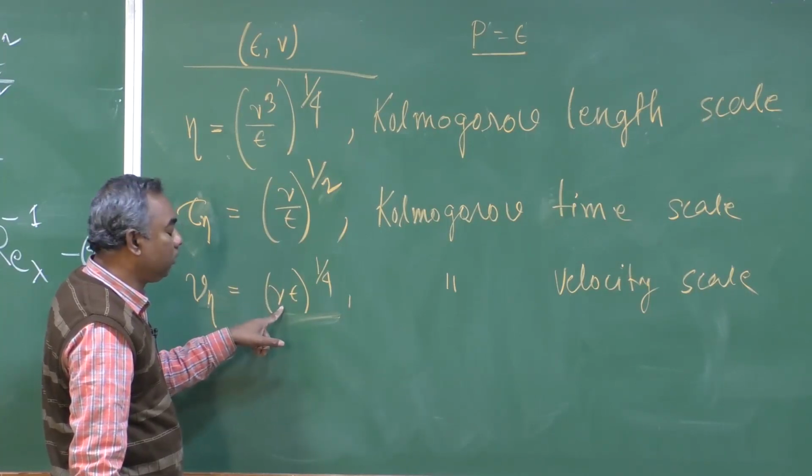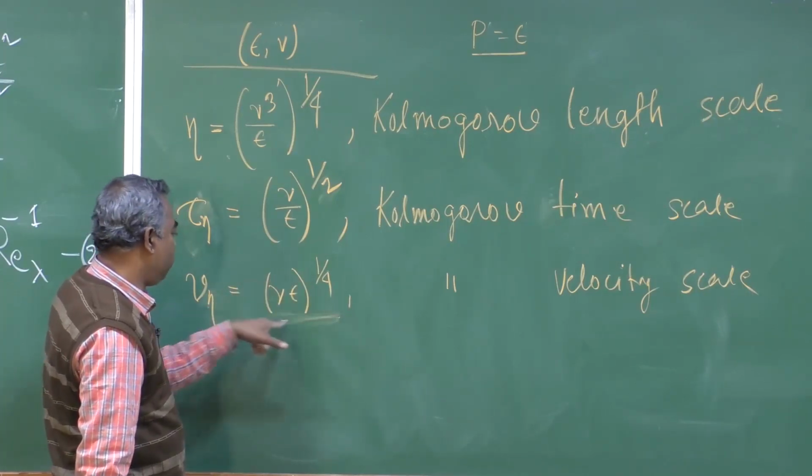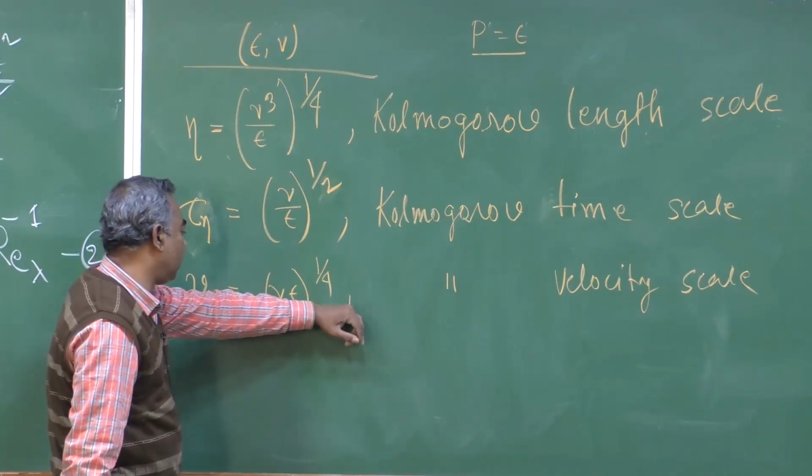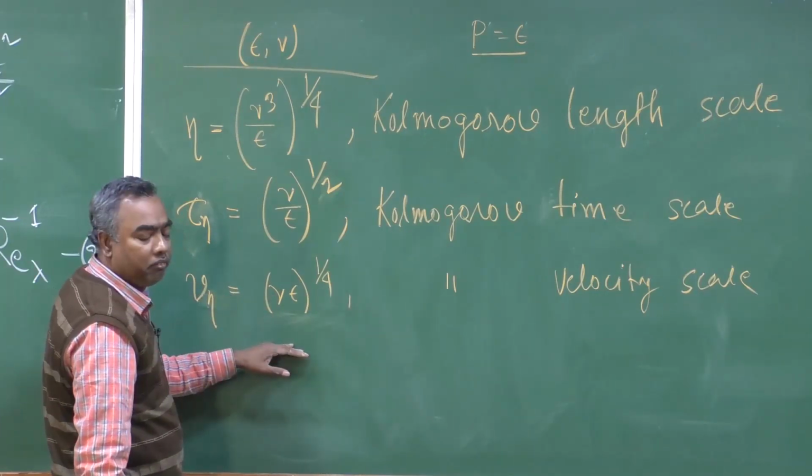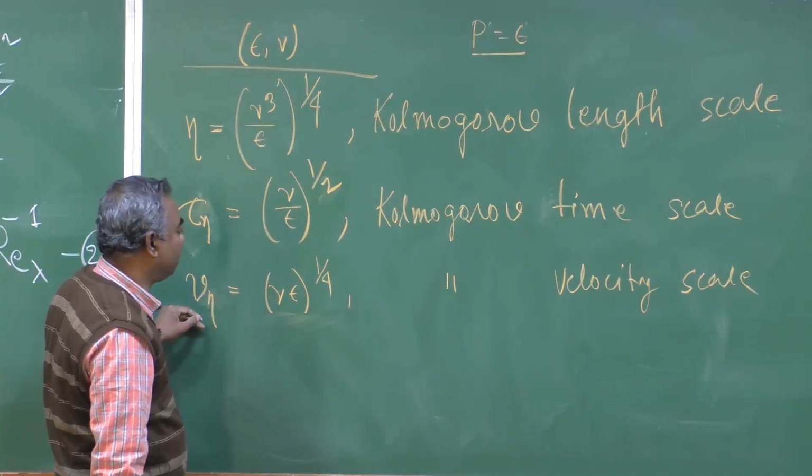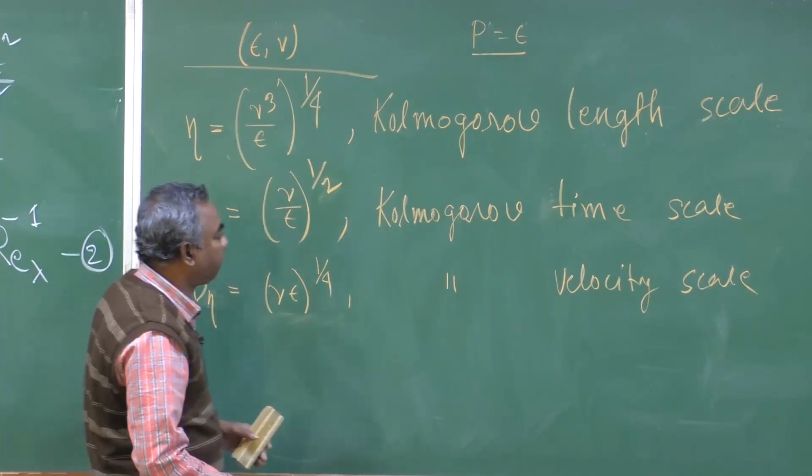If you take 1 by 4 of this, it is nothing but length divided by time, which is your velocity scale. Okay. So, this is correct.